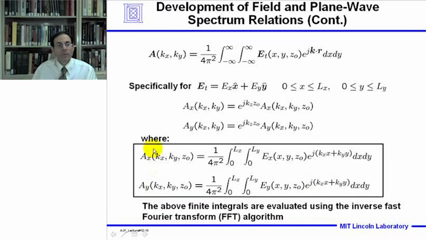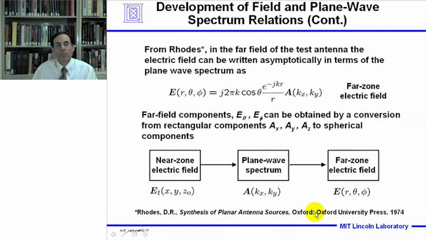So the x and y components of the plane wave spectrum can be computed from finite integrals from either calculated or measured electric field data. And so the above finite integrals can be evaluated using the inverse fast Fourier transform algorithm.